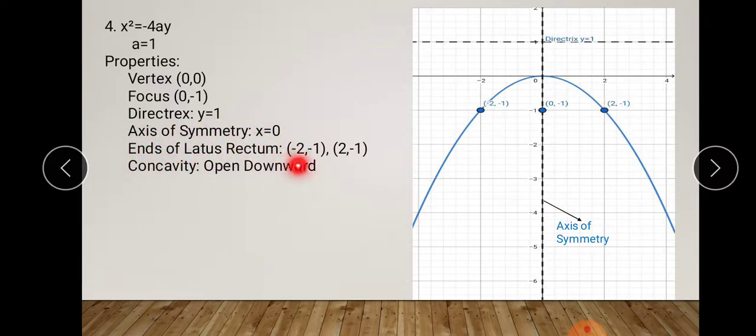Ends of latus rectum negative 2, negative 1, and 2, negative 1. Concavity open downward. This is the axis of symmetry, and this is the end of latus rectum, and this is the focus, and this is the vertex, and this is the directrix. And this is the graph of example number 4.